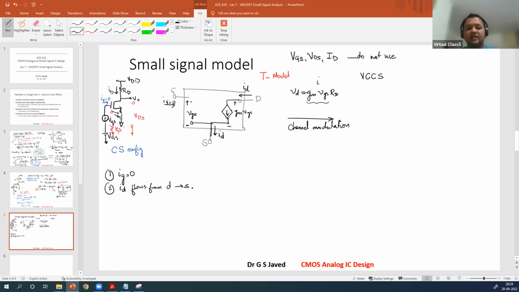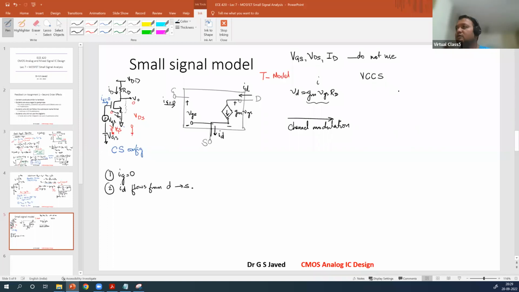There is a channel modulation between drain and source, that is here. The channel is between drain and source only, right? So you will see a small resistance here called r0. That resistance will come as shown here.